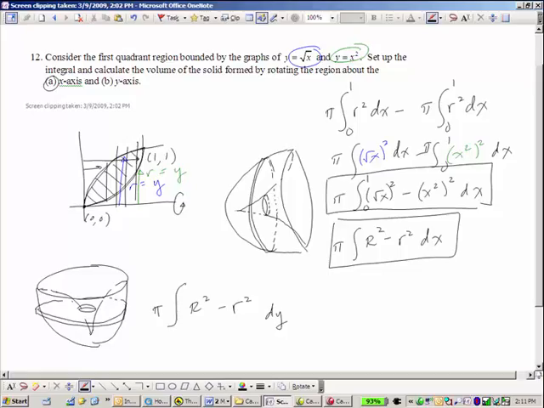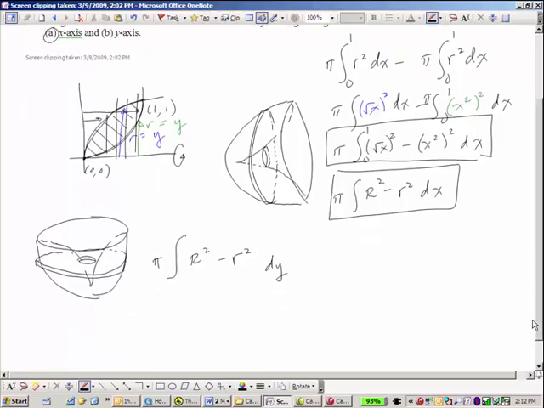I understand and I agree with what Betsy's saying. There's empty space between the function and the y or x axis. If we shaded this all the way down to the x-axis or all the way down to the y-axis, then there wouldn't be a hole in it. Is that all right?